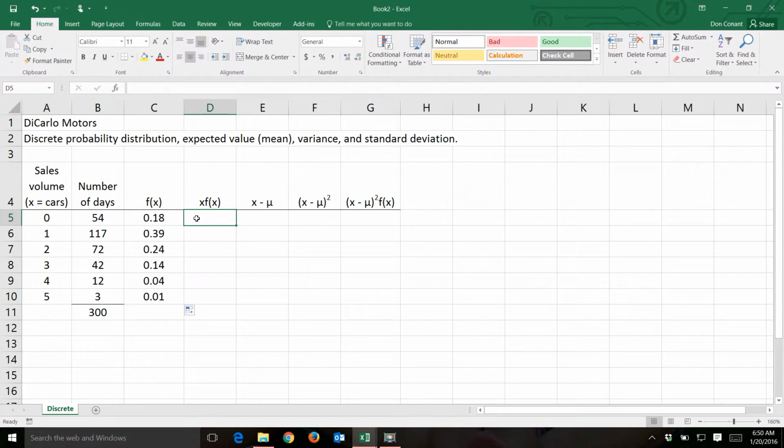Now we need to calculate the expected value or the mean for the distribution. That is simply x times f of x. Equals x times the f of x, which equals 0 in that case. Copy that all the way down. Set those so that they have the same number of decimals. I'll go with 2. Once we have that, we can go ahead and sum that.